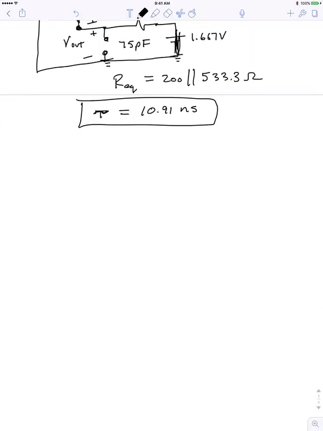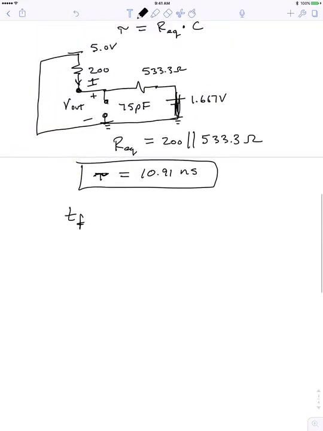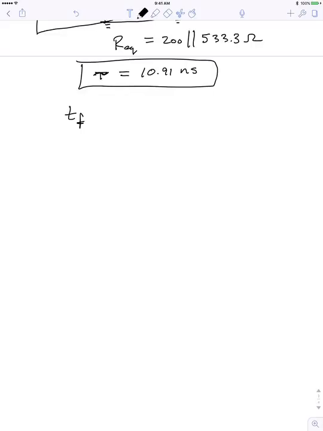Okay, fall time is a similar calculation. Only this time we want to use the circuit when it's in the low state because the output voltage would have fallen down to the low state. Okay, and so you'd use the second equivalent circuit for that.